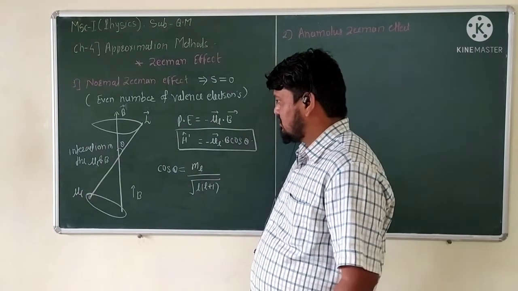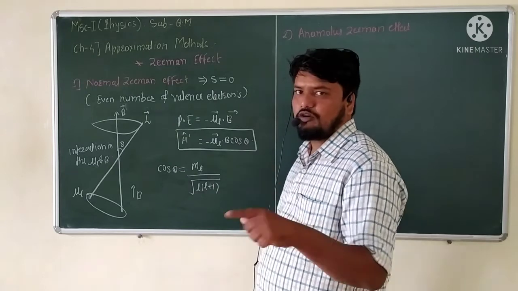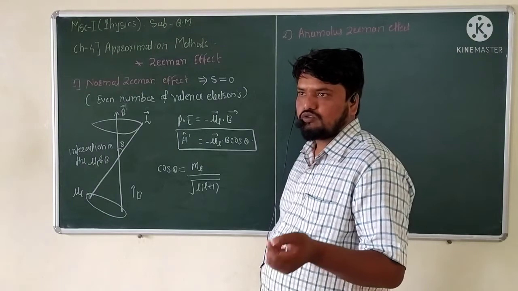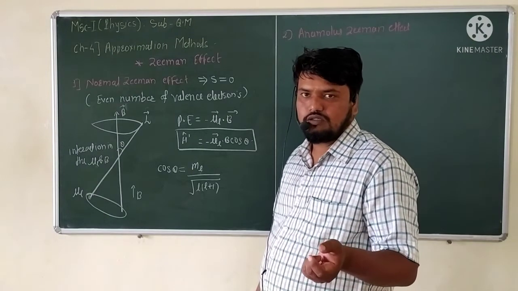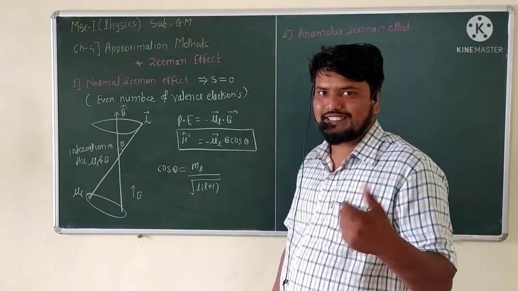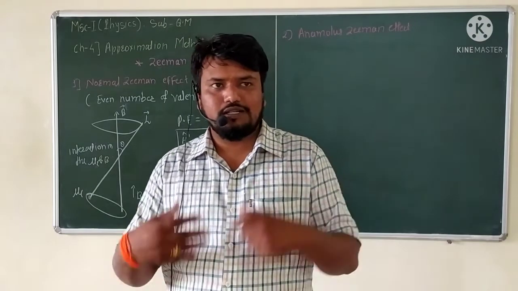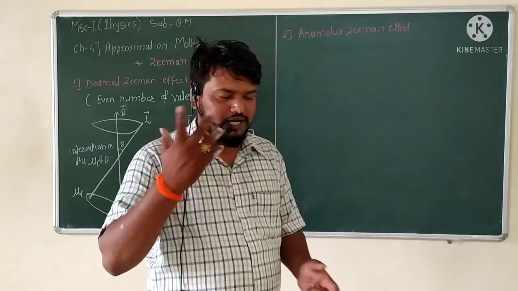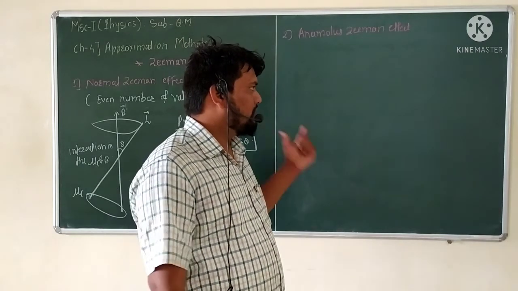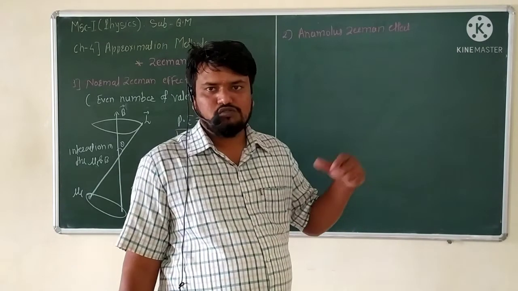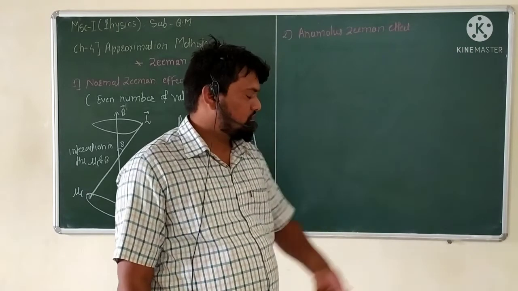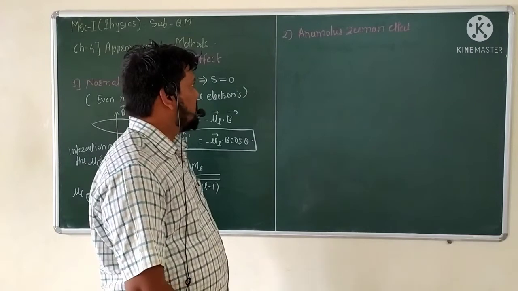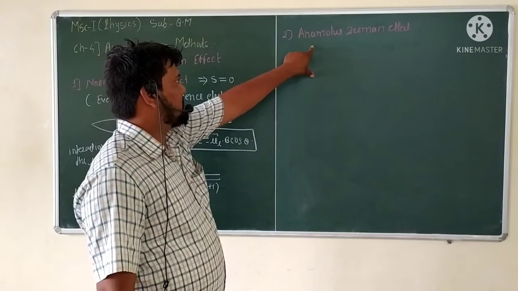We have to know which angle theta has the value 1 upon root 2, which is cos 45 degrees, the angle of this Zeeman effect, so that the splitting of lines is very interesting theory. We will see this concept in depth in the next lecture, when this point comes in our syllabus.